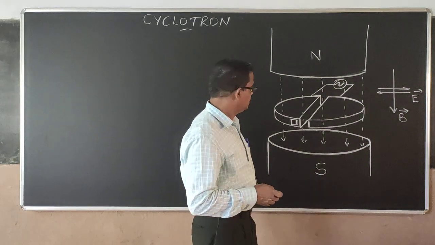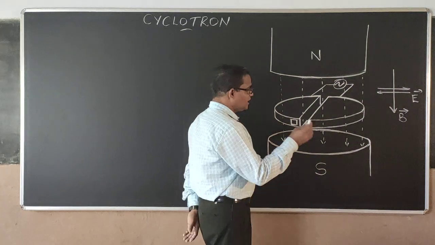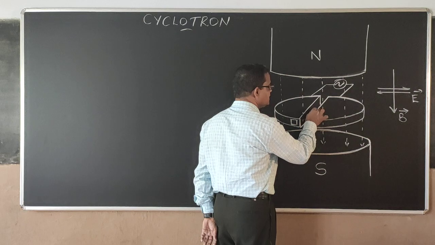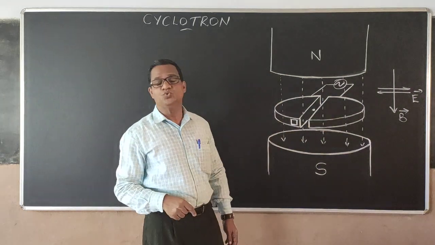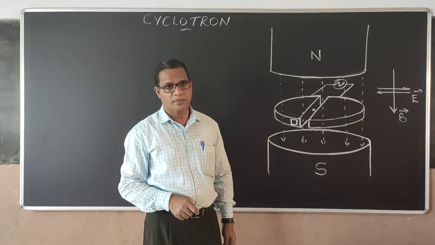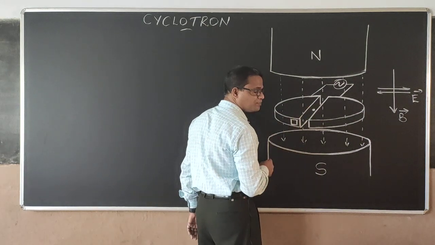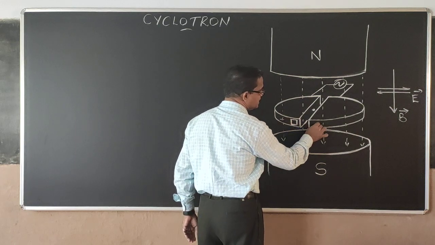Assume that I am trying to accelerate a proton. That proton, I place it exactly in the center of the circle made by the two Ds. The moment you keep it over here, suppose this is positive and this is negative.